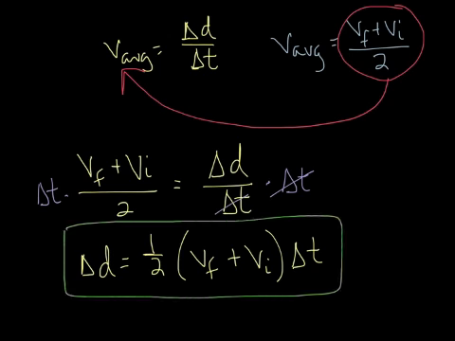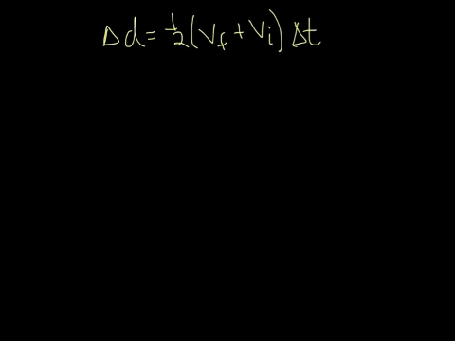Draw a box around it and label it as the second formula. Next, we will use this kinematics formula to find an equation that does not include v final, because sometimes we don't know that. So in this equation, we will substitute the first kinematics formula in place of v final. And it will look like this.